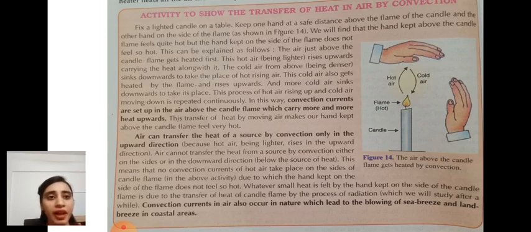and keep one hand at a safe distance above the flame and the other hand on the side of the flame. We will find that the hand kept above the candle flame feels quite hot, but the hand kept on the side of the flame doesn't feel so hot. How?